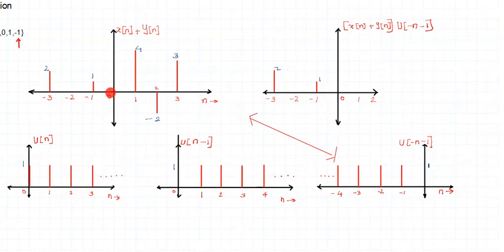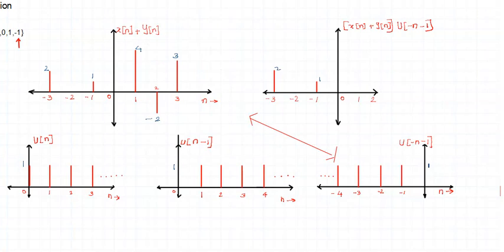At 0, this is 0, this signal is also 0, right? And therefore the resultant signal at 0 is 0. Now what we observe is that there are no samples on the right-hand side of u[-n-1]. So there are no samples here. No sample means all the samples have a magnitude of 0. So if you multiply such a signal with a signal which has samples, definitely 0 into those will be 0.